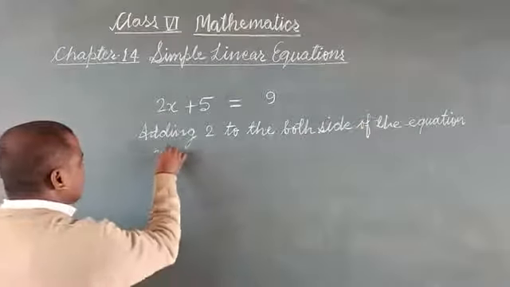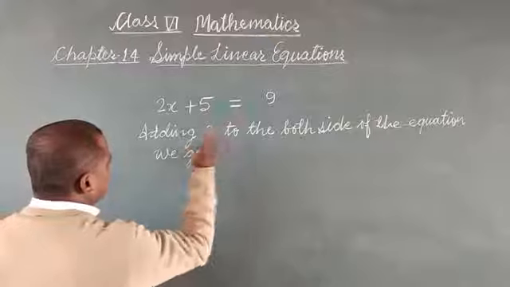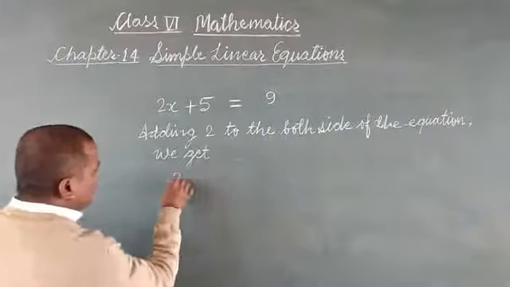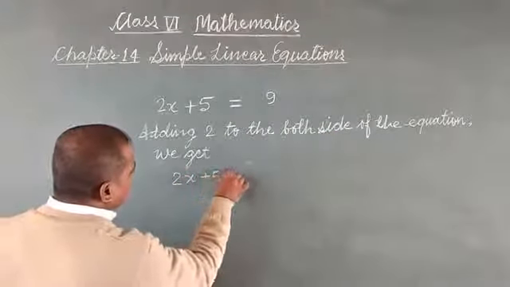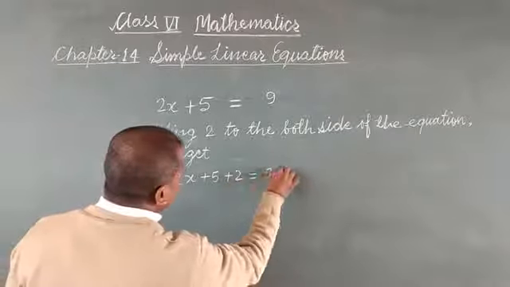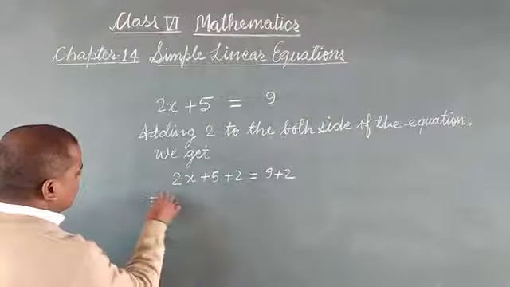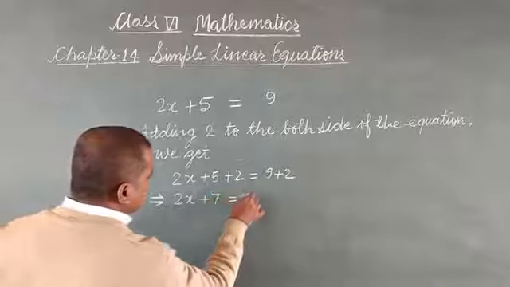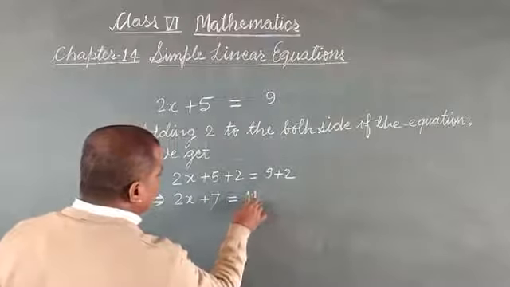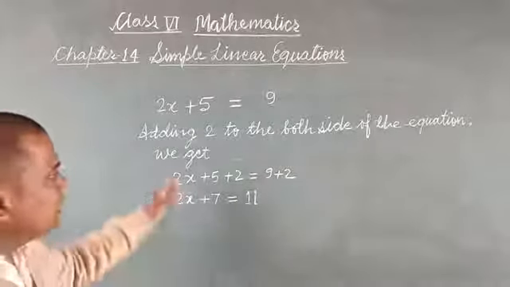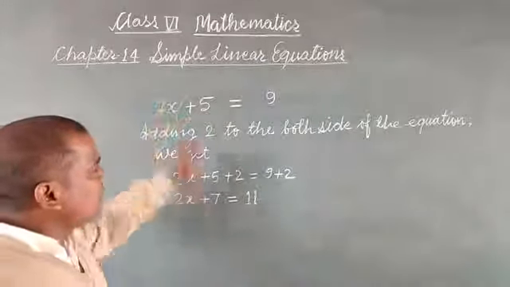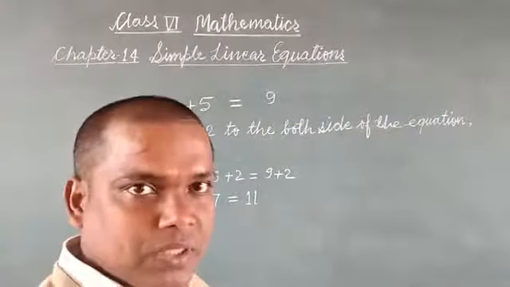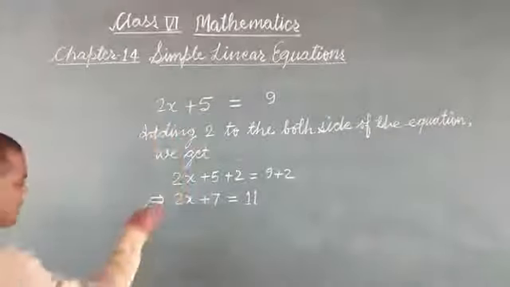So 2x plus 5 plus 2 is equal to 9 plus 2. Now 2x plus 7 is equal to 11. So this is the new equation form, but we observe there is no change in the value of the variable when we calculate. Okay. Another thing is this symbol.